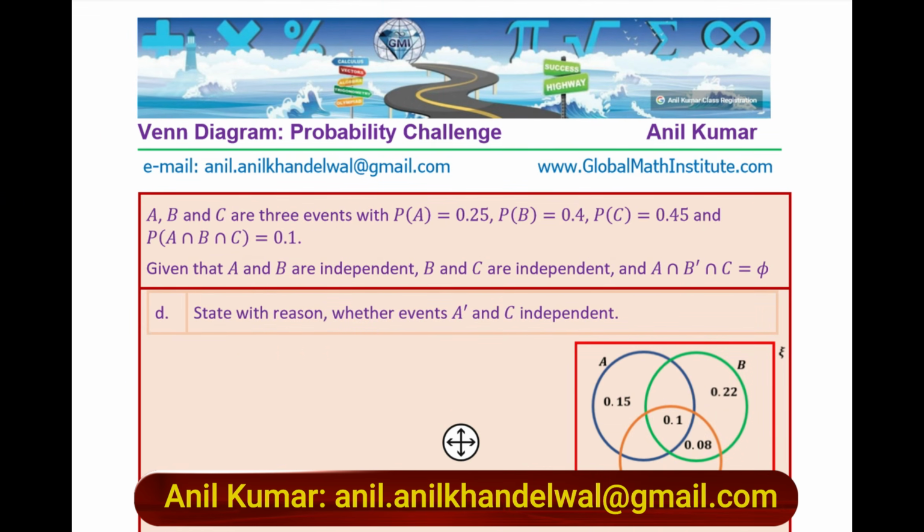Now let's move on to the last condition, which is state with reason whether the events complement of A and C are independent, right? So for independent events, what do we need to find?